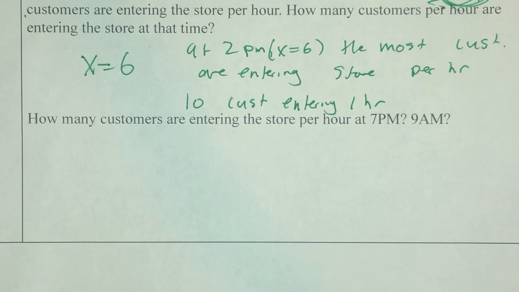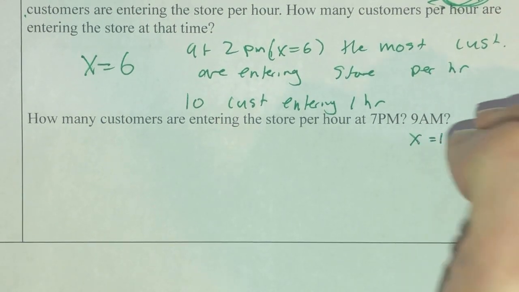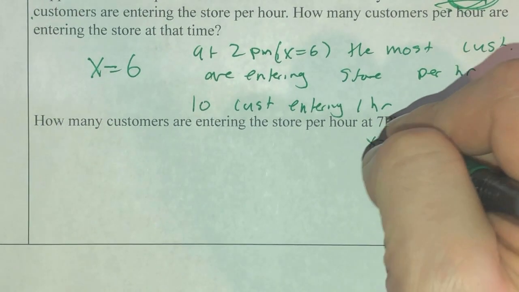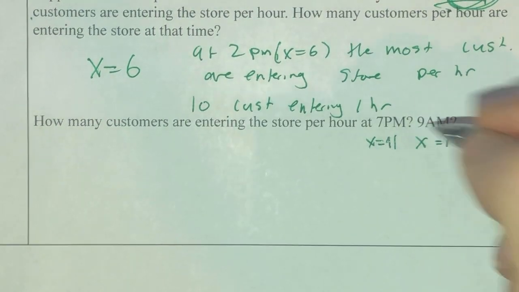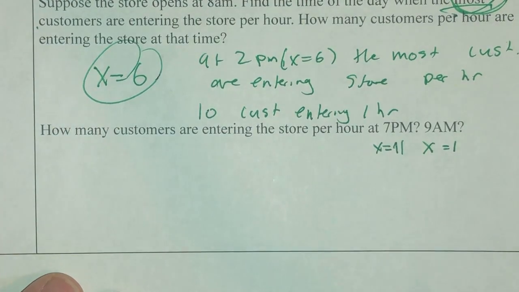All right. How many customers are entering the store at 7 p.m. and 9 a.m.? So at 9 a.m., the store has been open for 1 hour. All right. At 7 p.m., the store has been open for, well, it opened at 8, 11 hours. Now, notice, we know 6 is the x of the vertex.